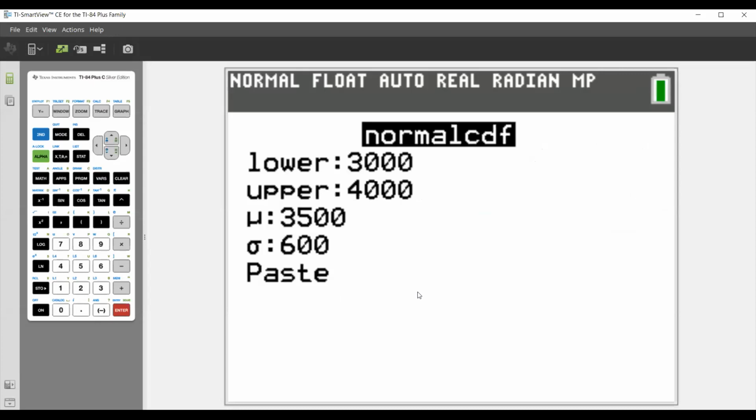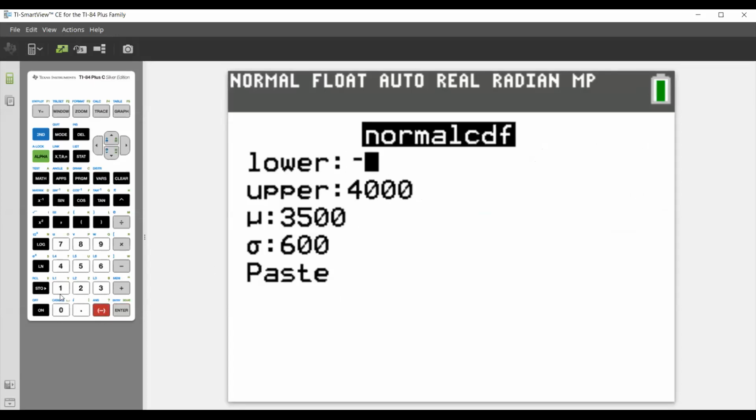Less than 2,000 would be, now, what are we going to put in for our lower endpoint here? Well, once again, the mean is 3,500. Standard deviation is lower than the mean. It's 3,500 minus 2,400. That's about 1,100. So anything lower than 1,100 would do. So in this case, negative 1,000 will work. All right.